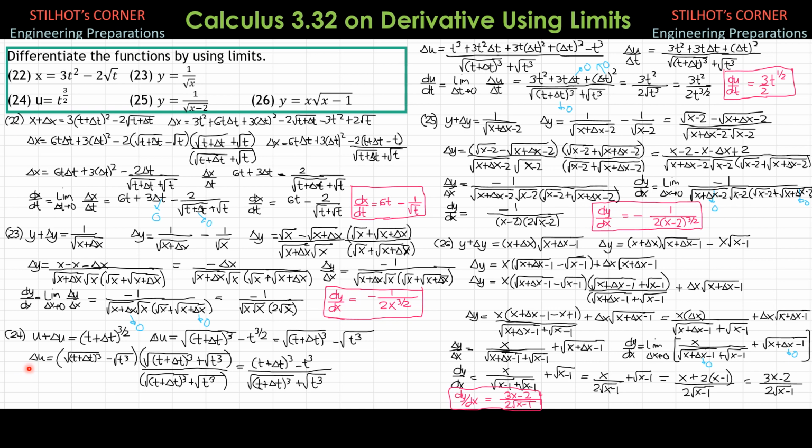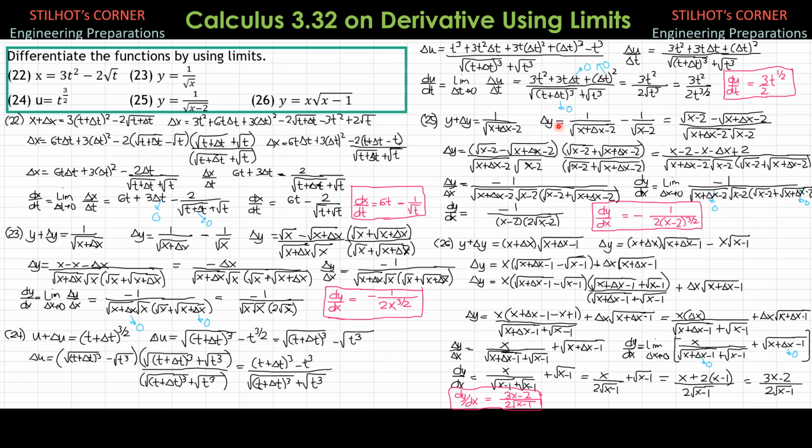So delta u equals square root of quantity t plus delta t cube minus square root of t cube. Then we multiply and divide by the conjugate of that. So this is the conjugate, just the sign that is changed. Then expand, so we have removed the radical: t plus delta t cube minus t cube all over that denominator.